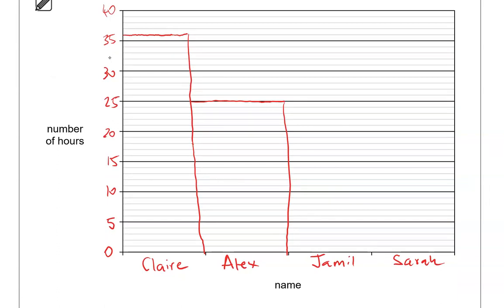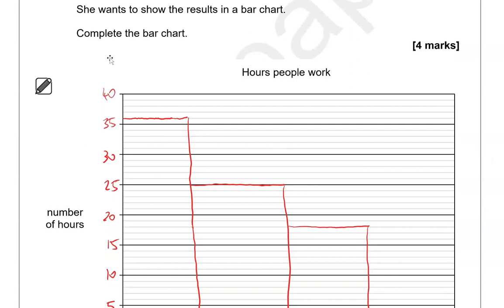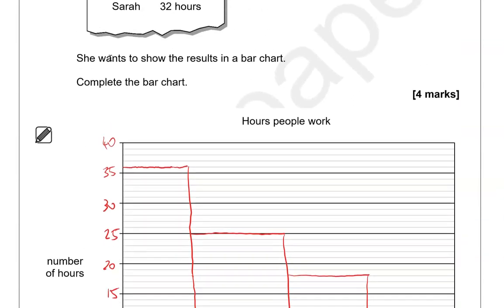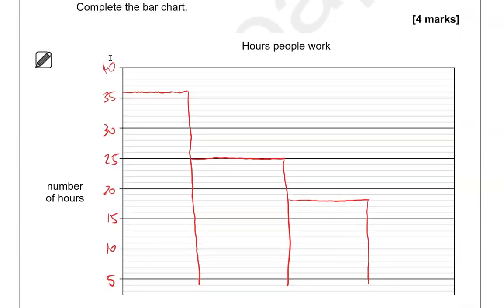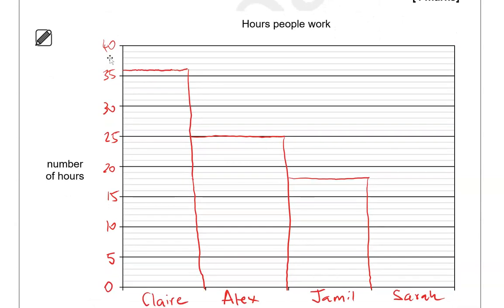So that's 15, 16, 17, 18. And finally Sarah with 32 hours. So that is going to go up to 31, 32 here.